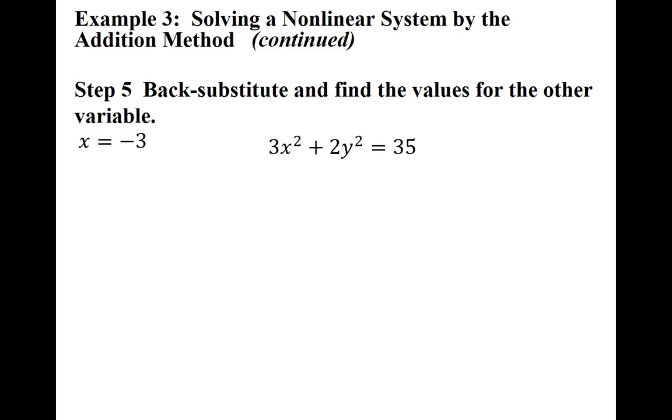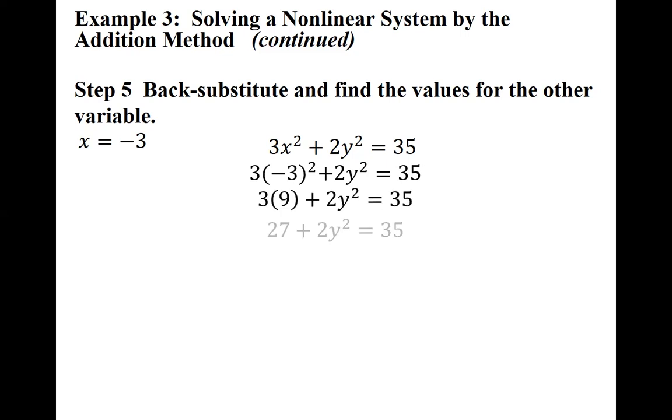And we still have to plug in our -3. Plugging -3 into this equation is still going to give us 3 times 9, which is 27. Subtract the 27, divide by the 2, take the square root of the 4. We're also getting y equals plus or minus 2. But this plus or minus 2 comes with the -3 as an x. So we had 3, 2, we had 3, -2. Now we have -3, 2, and -3, -2.